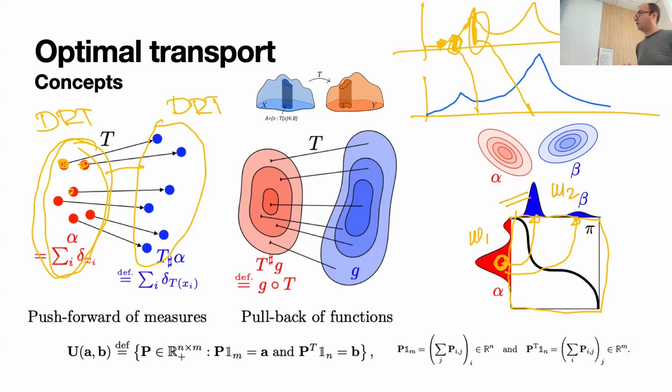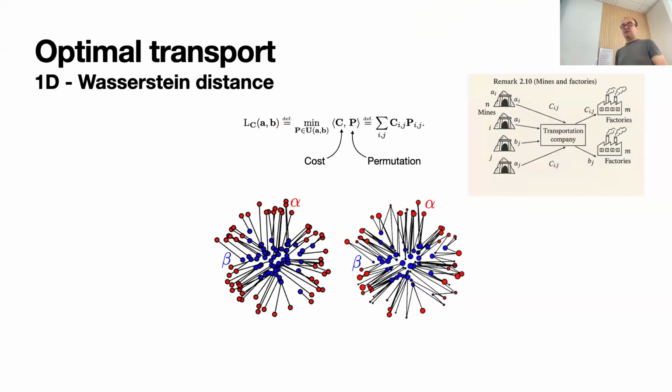But as we saw in our DRT case, this is actually not possible, because our DRTs can expand and contract. So there is additional stuff that is called unbalanced Wasserstein distance. So let's discuss first the balanced case.